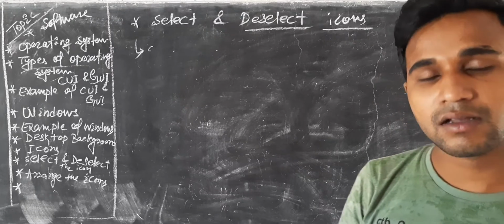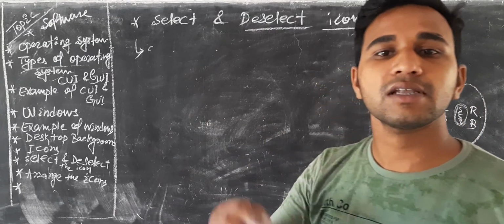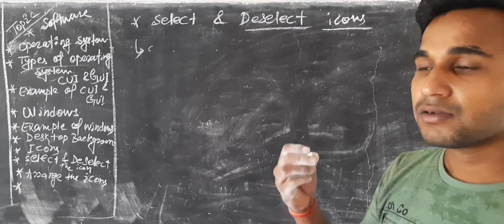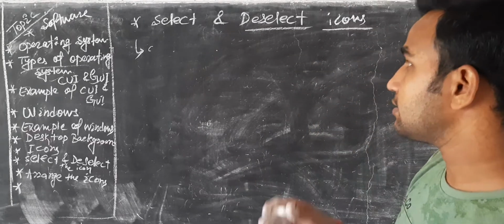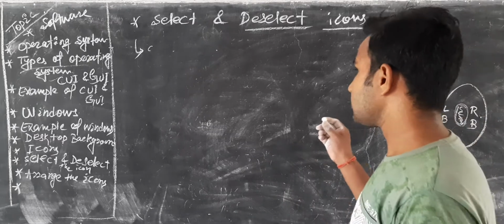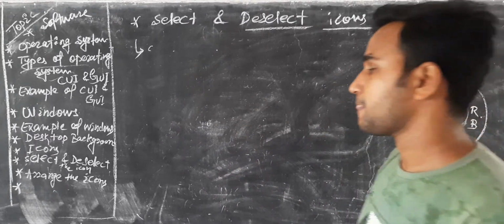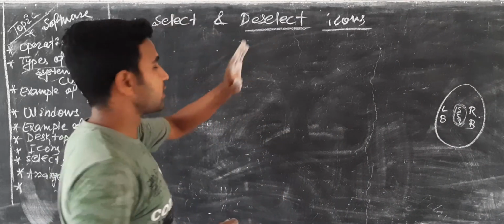With the shift key pressed, we can select another, and another, so our icons will be selected. You can deselect them by clicking on any empty area of the screen. This is select and deselect.